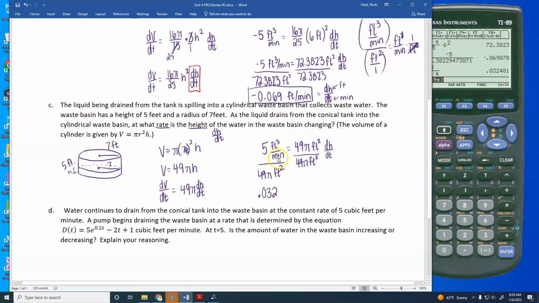You got cubic feet per minute divided by square feet. So that is going to give you feet per minute here also for your dH/dt. And that will be positive because where the cone was being drained, this one is being filled up. So you'll have positive right there.